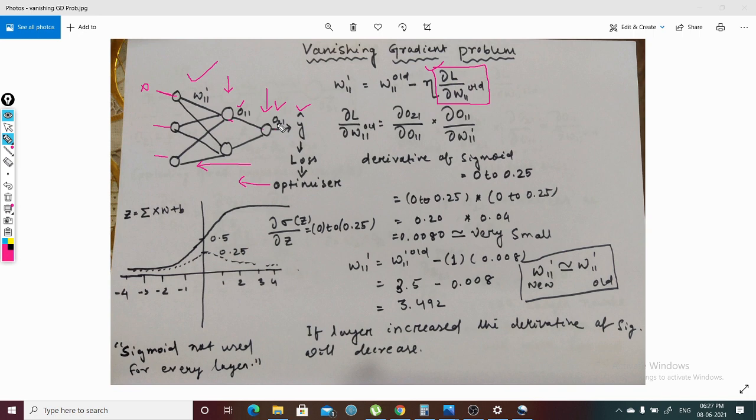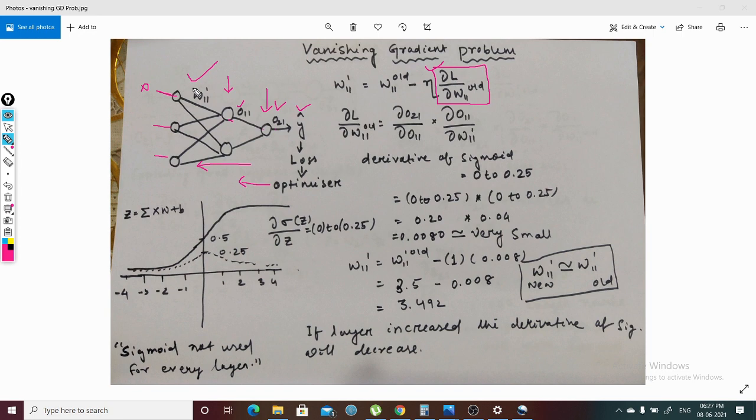What is the change of this particular output O21 with respect to O11? For the chain rule we can write the derivative of O21 with respect to O11, and this particular O11 is dependent on this particular W11.